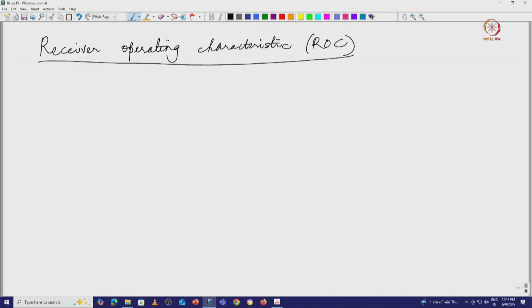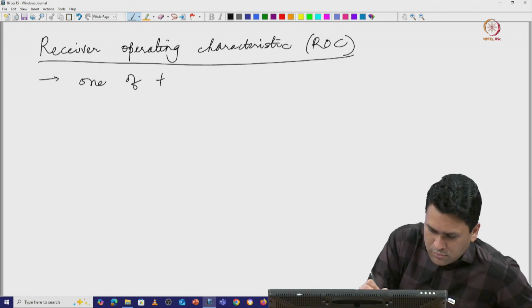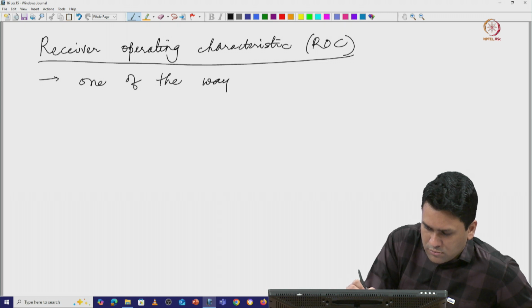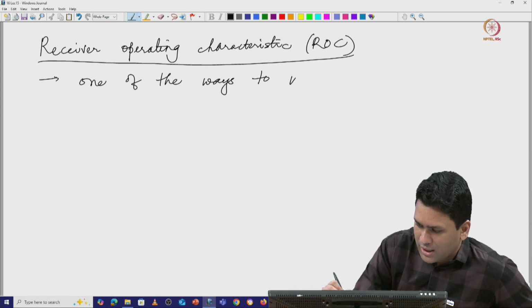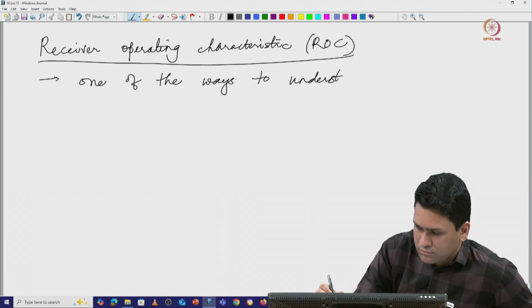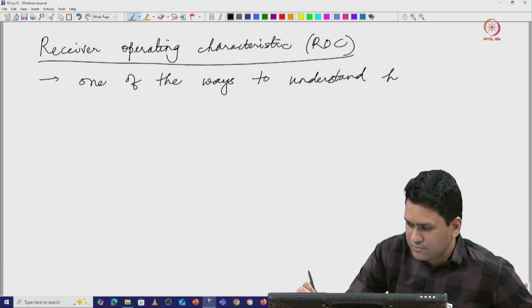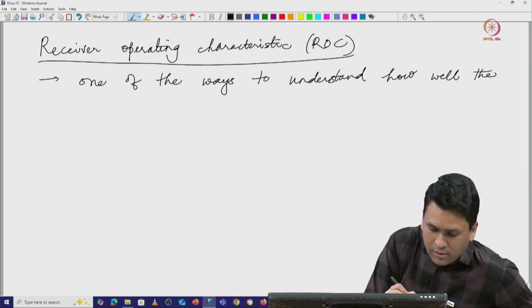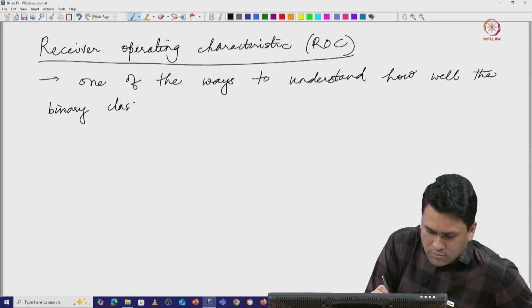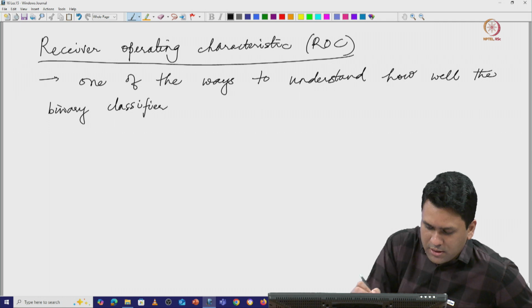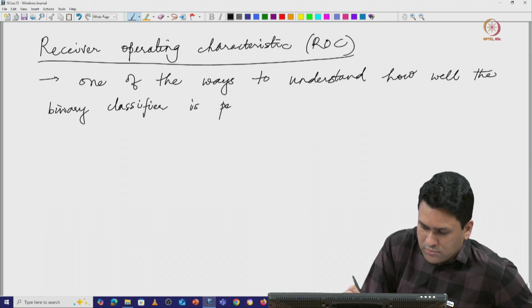And like I said, this is one of the ways to understand how well the binary classifier that we have developed is performing, right.